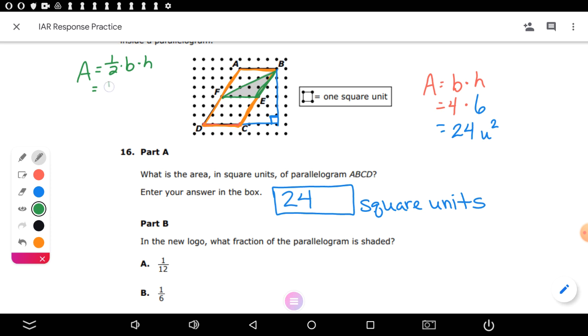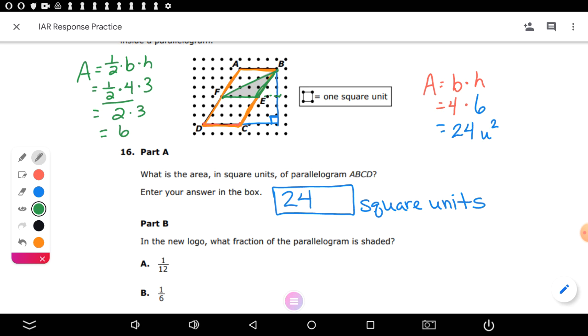So I'm going to put 1/2 times 4 times the height of the triangle. We can see out here if I just extend that out. Nate? 2. So we're going from this point down to here. So 3. So we can just do some math. What's half of 4? 2 times 3 is 6.